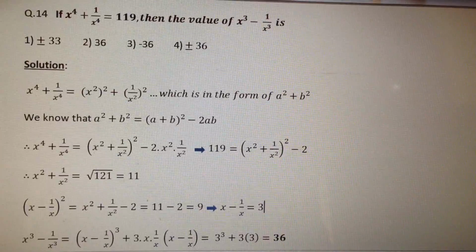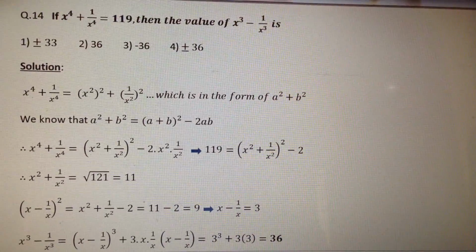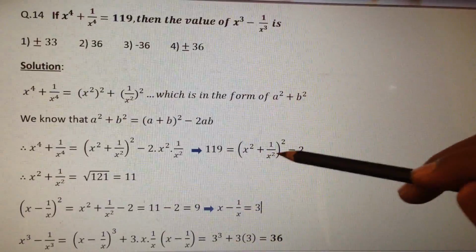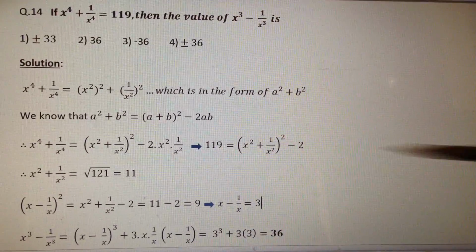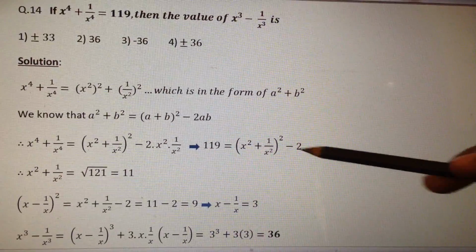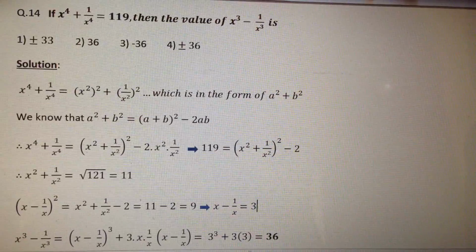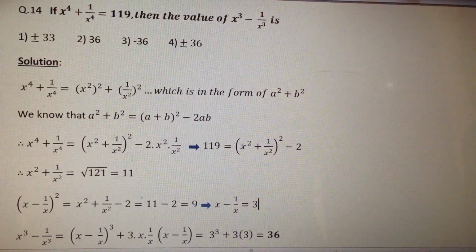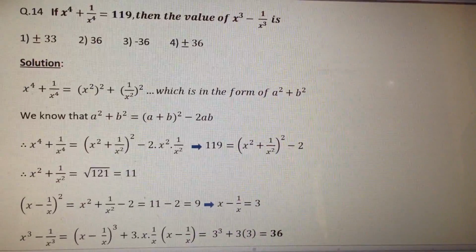It is given that x power 4 plus 1 by x power 4 is equal to 119. Therefore, 119 is equal to x square plus 1 by x square whole square minus 2, and x square plus 1 by x square whole square is equal to 119 plus 2, which is equal to 121. Therefore, x square plus 1 by x square is equal to square root of 121, which is equal to 11.